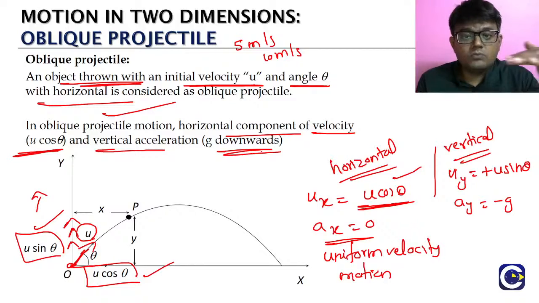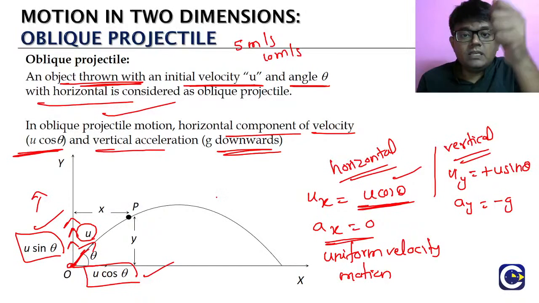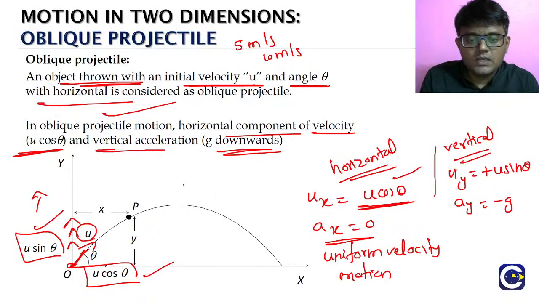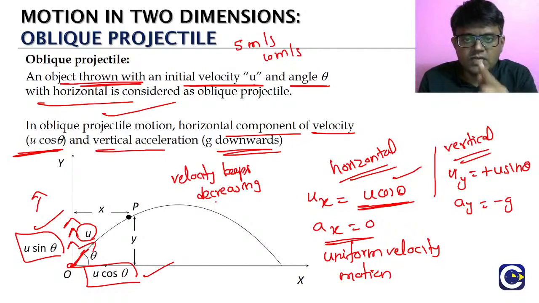In the horizontal direction it moves with constant velocity, but vertically it has an initial velocity upwards and acceleration downwards. Its velocity keeps decreasing in the vertical direction. Initial velocity is upwards, acceleration downwards, so velocity keeps decreasing.